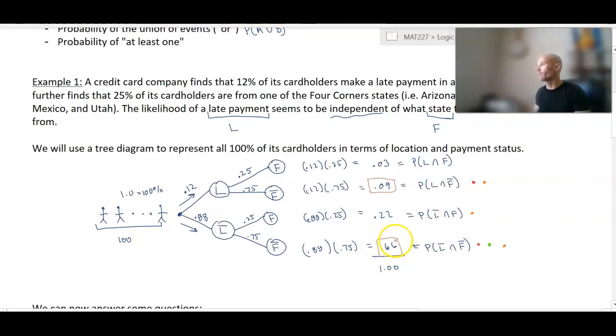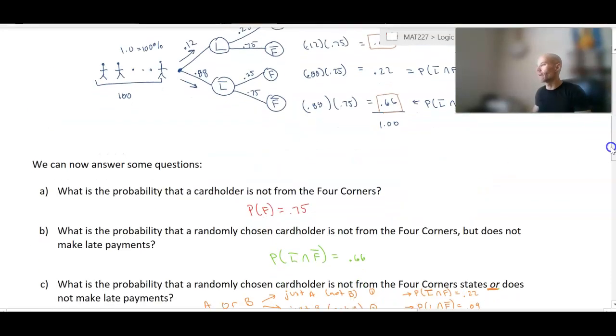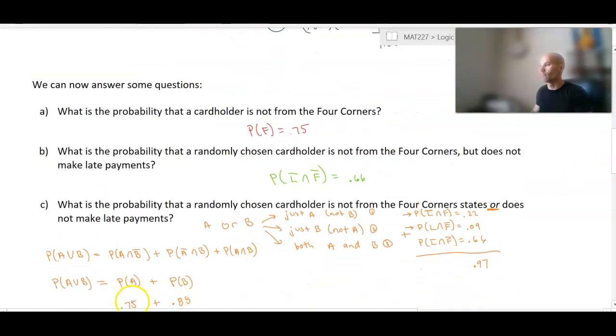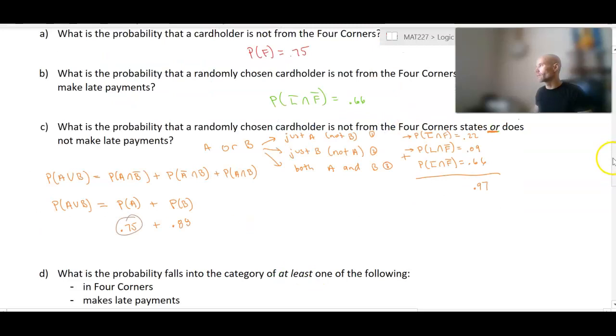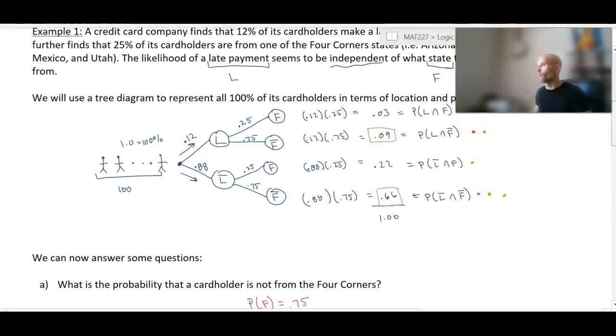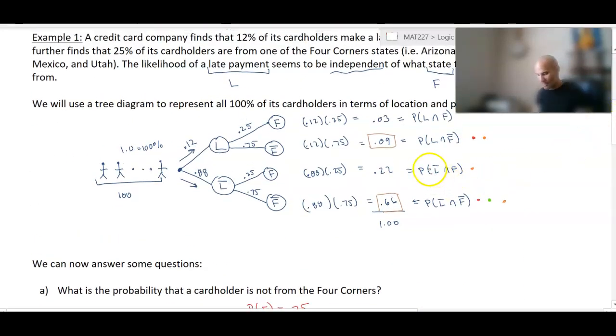That's our 0.75 that we have down here. To get this 0.88, that's the percentage of people who do not make late payments. So let's figure out who those people are who do not make late payments.